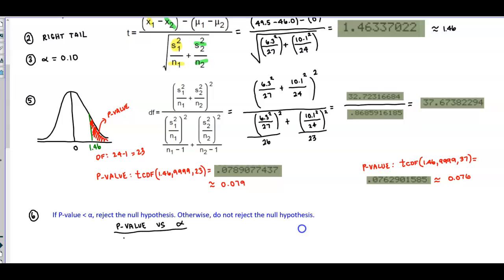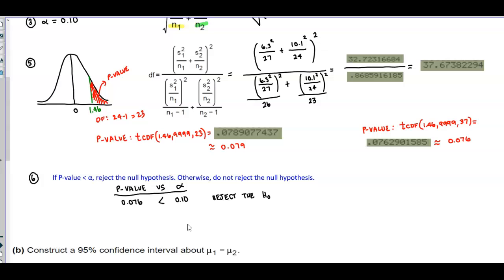The p-value is 0.076, and we know that the significance level is 0.10. And so this is less than. And since it's less than, we're going to reject the null hypothesis.